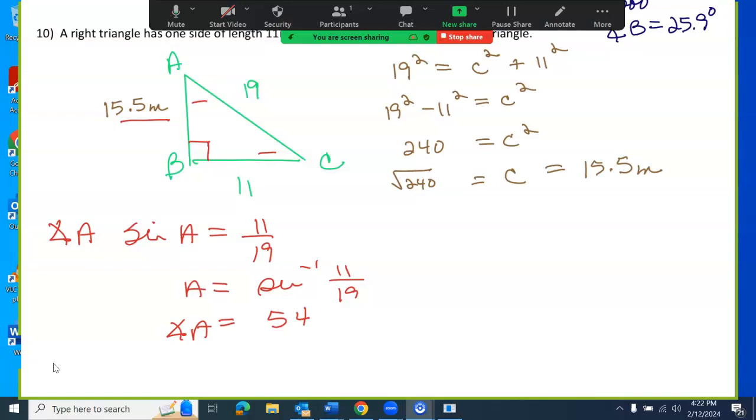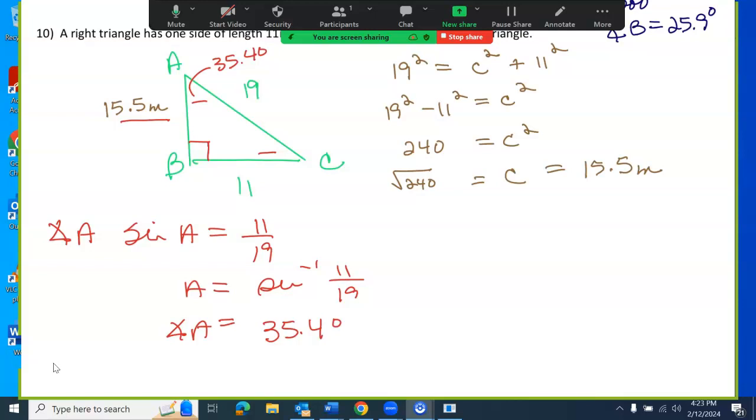I'm trying to copy it from my other work, but I'm going to just do it again. Okay, so am I correct? Yes, that's good. Okay, so I'm going to say second sine to the -1 of 11 divided by 19, and I get back an angle of 35.4 degrees. Let me go back out of that. Okay, so this angle is 35.4 degrees, and that was angle A right here, 35.4 degrees.